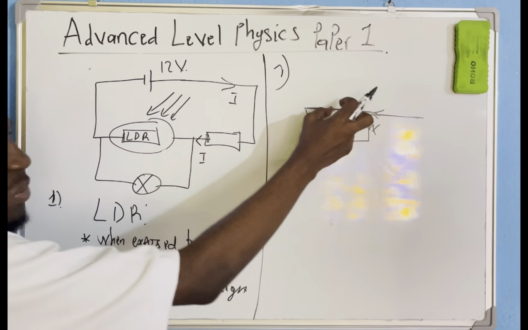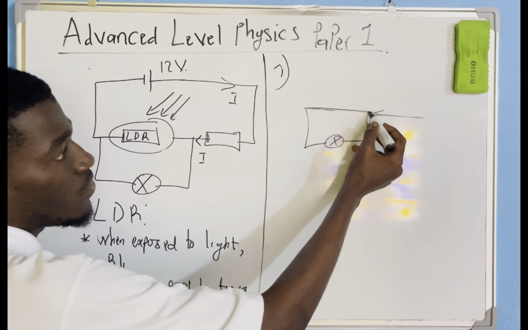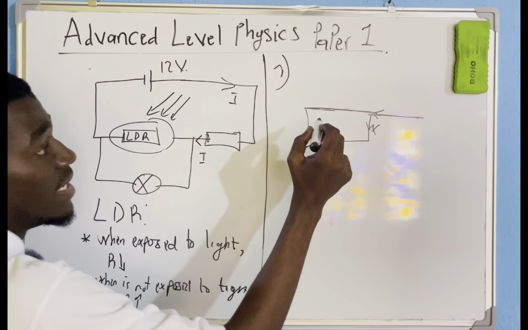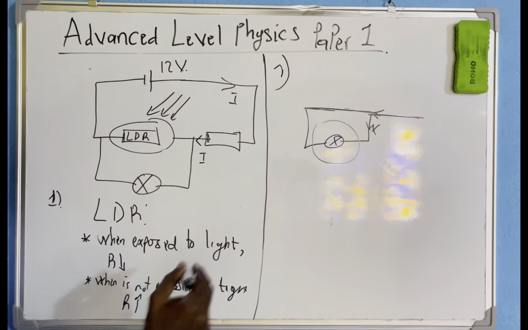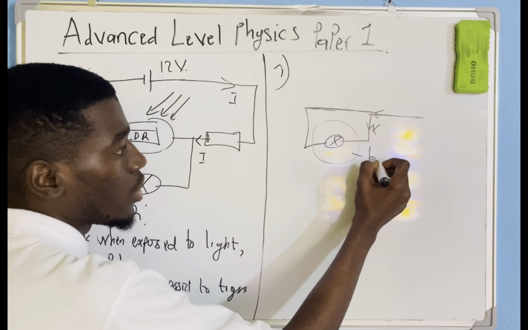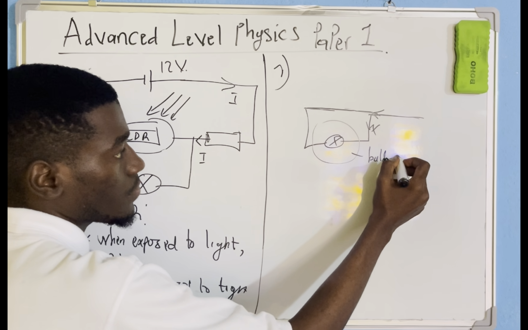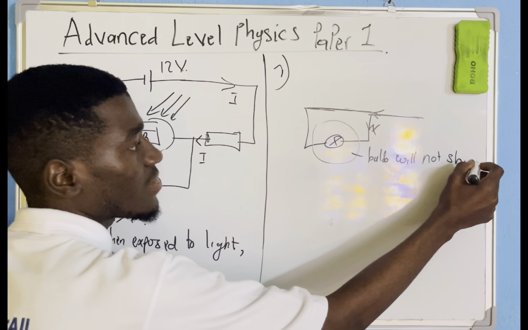It means that there is nothing here that opposes the flow of current. So current will prefer to flow here than to flow in here, therefore short-circuiting this thing. It means that no current will flow here, so the bulb will not shine. I hope you understand what I'm saying.